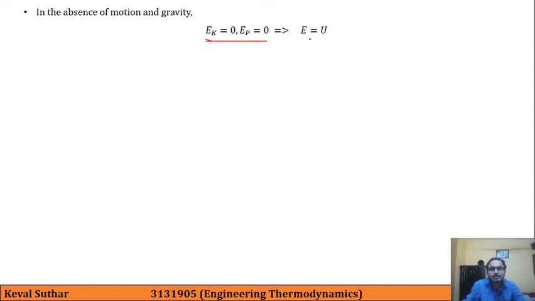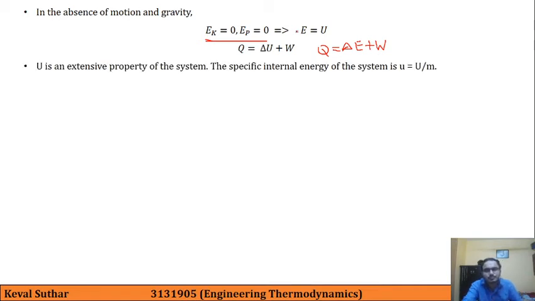So we are getting the equation directly as total energy is equal to the molecular internal energy, and we can modify the formula to Q is equal to delta U plus W. Previously, it was Q is equal to delta E plus W. So here capital U is an extensive property of the system, and the specific internal energy of the system, small u, is given by capital U by m.